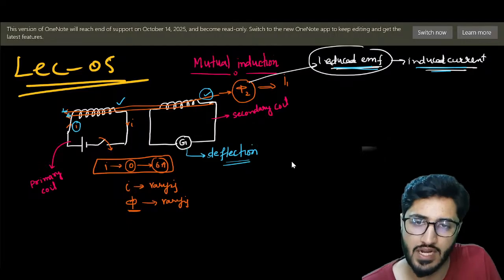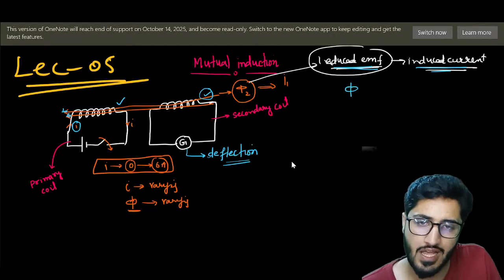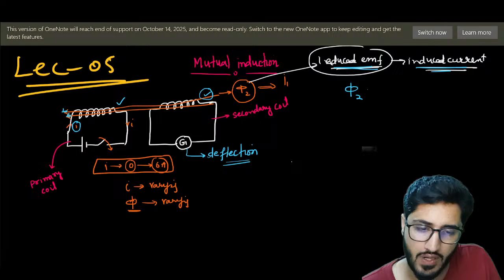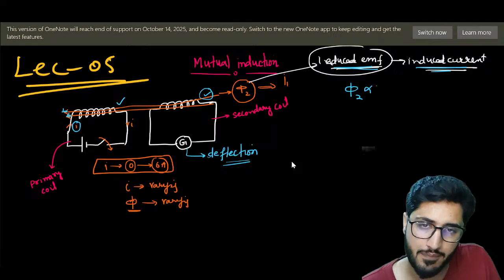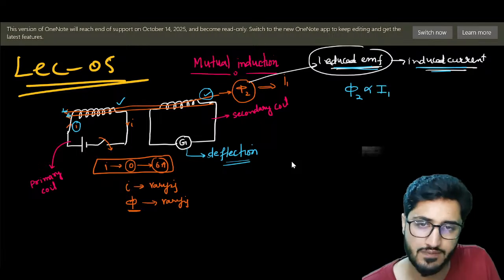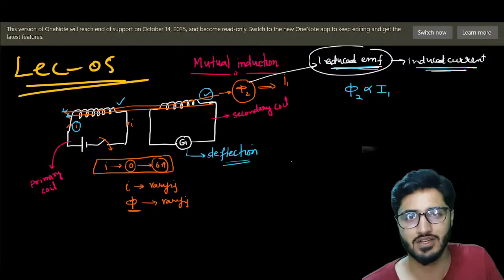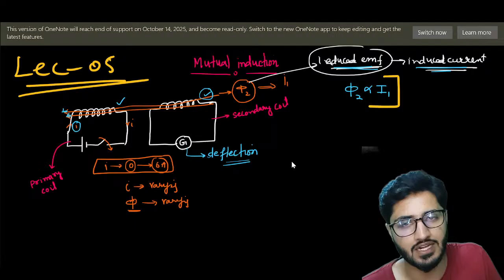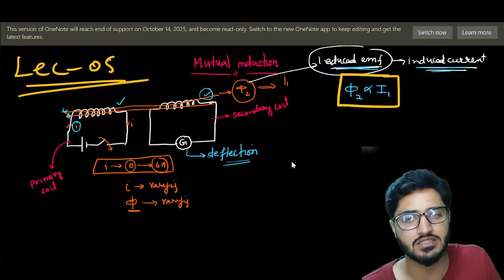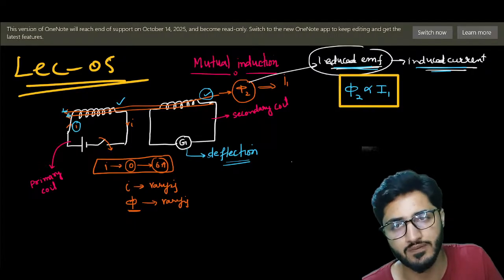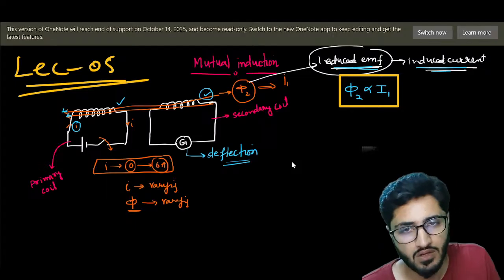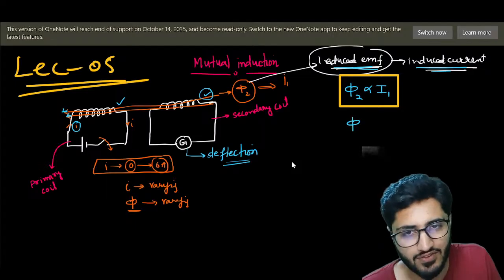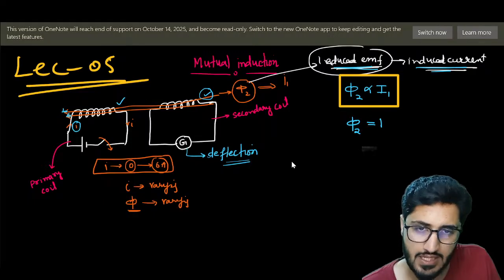You will write that the flux associated with the second coil is directly proportional to the current in the first coil. What is the meaning of it? The flux that we get in our secondary coil is just because of the current in the first coil. So I can write the flux in the secondary coil equals a constant M times I1.